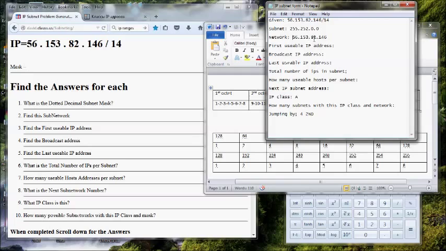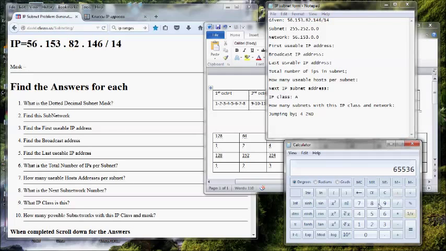Here's the actual given IP address, and knowing that it's jumping by 4s in the second, I can zero out these last 2 octets, and take that 153 in the second octet and divide it by 4. So let's clear that. 153 divided by 4 means, getting rid of the decimal, 38 times 4. 38 times 4 will give me the actual network address. So 152 is the actual network.